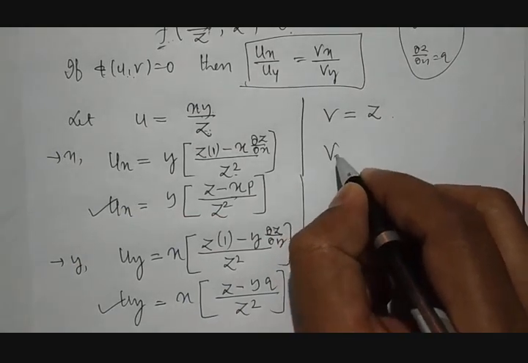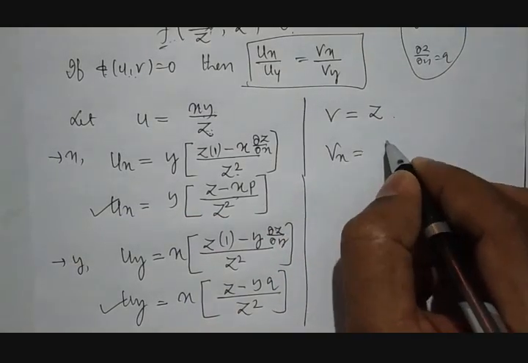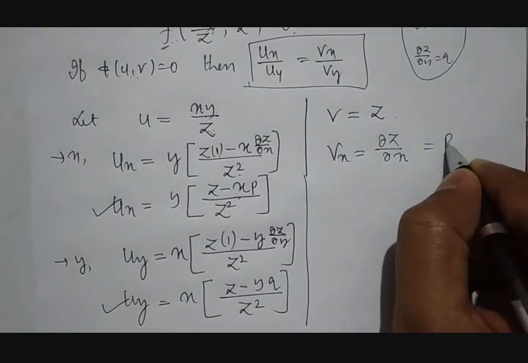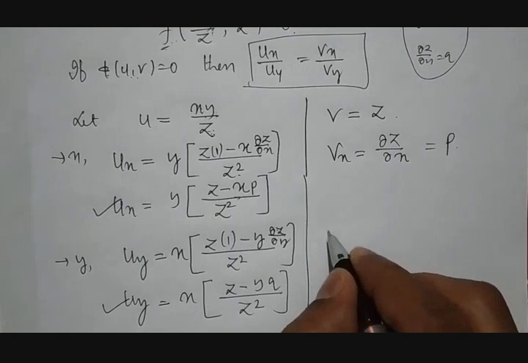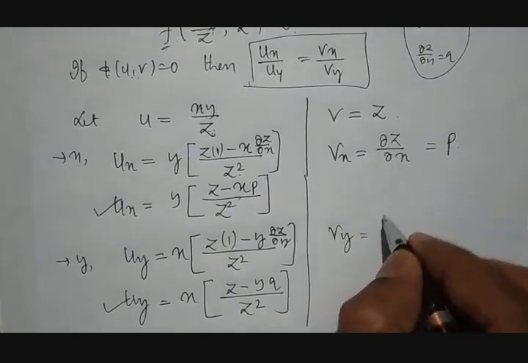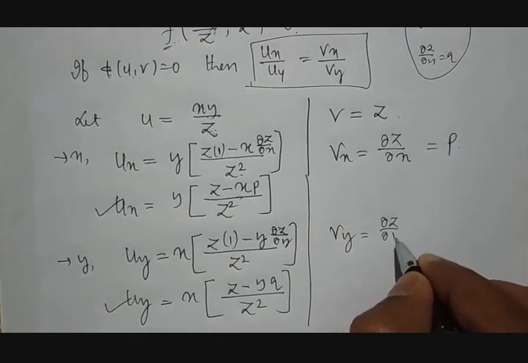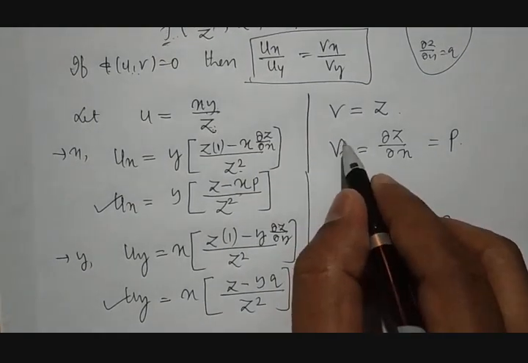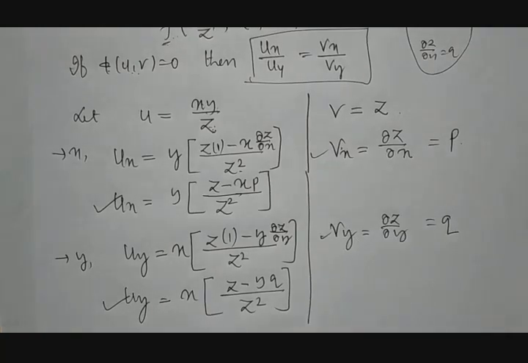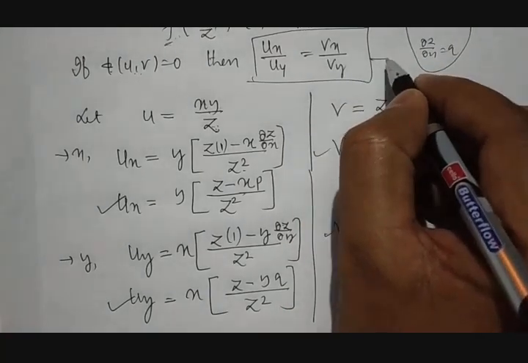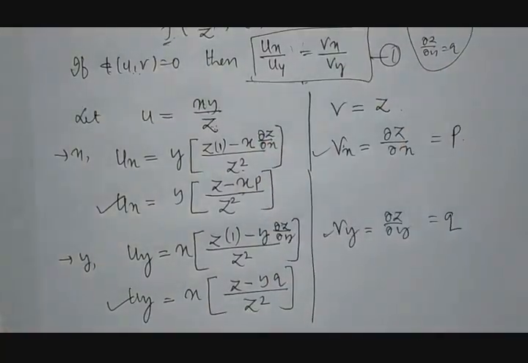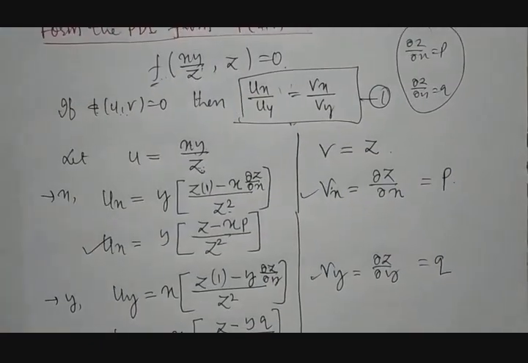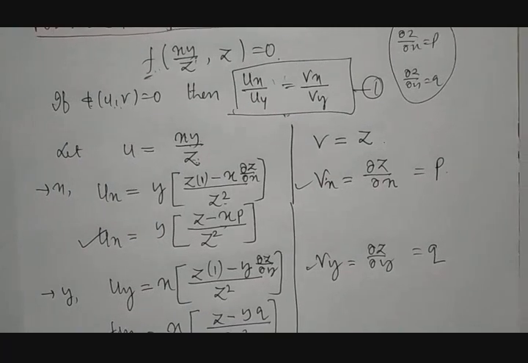Similarly, differentiate v with respect to x, and differentiation of z with respect to x is nothing but dou z by dou x, which is p. Then vy will be differentiation of z with respect to y, which is q. Therefore, substitute all these derivatives ux, uy, vx, vy in equation number 1 in this format, ux by uy is equal to vx by vy.